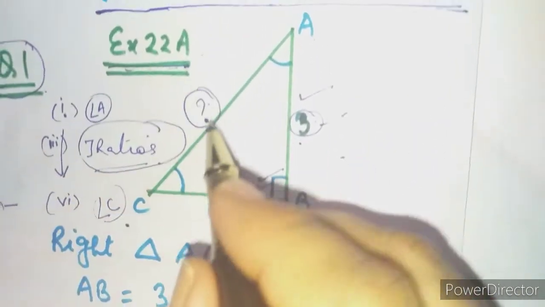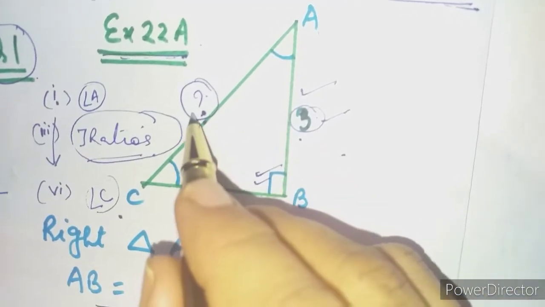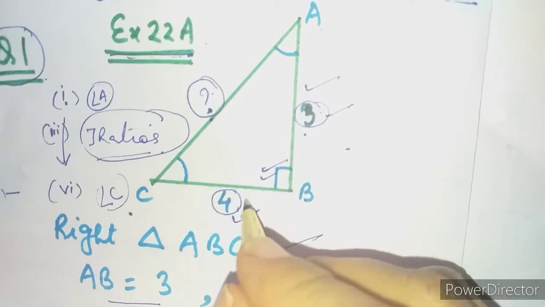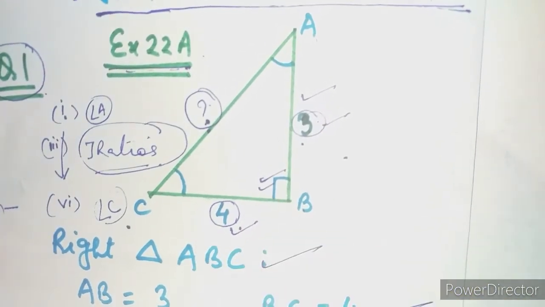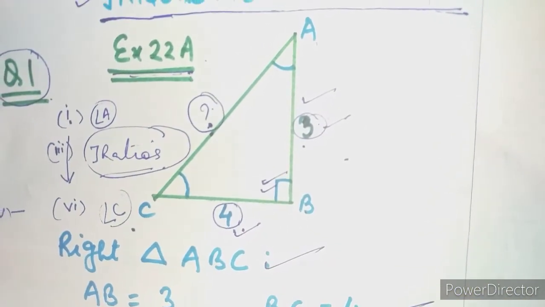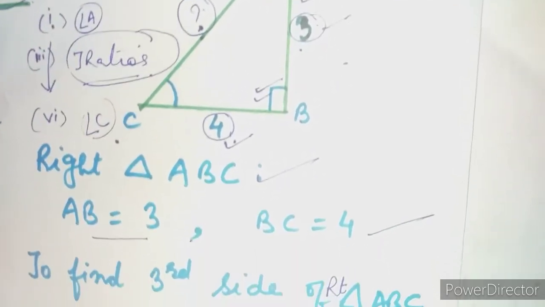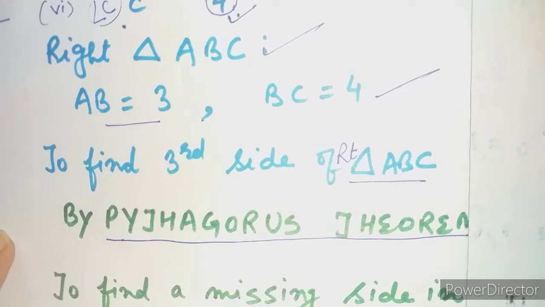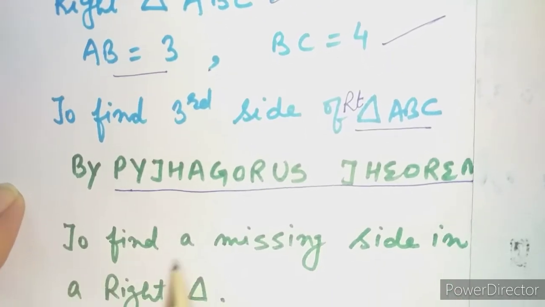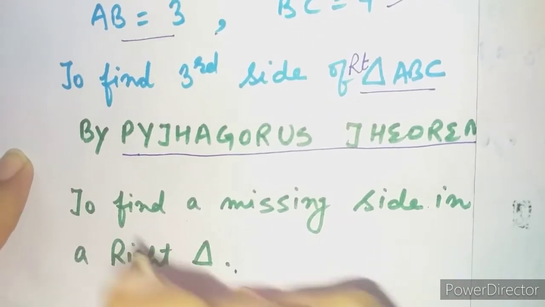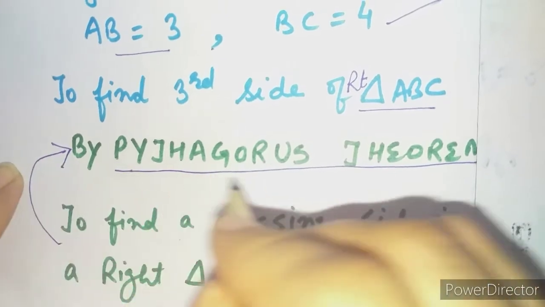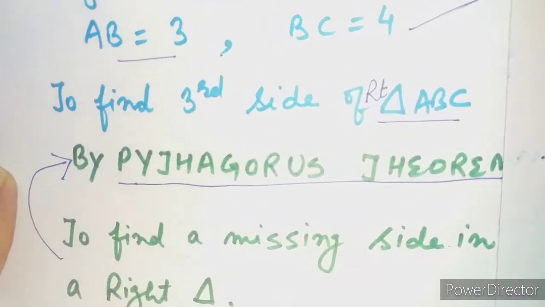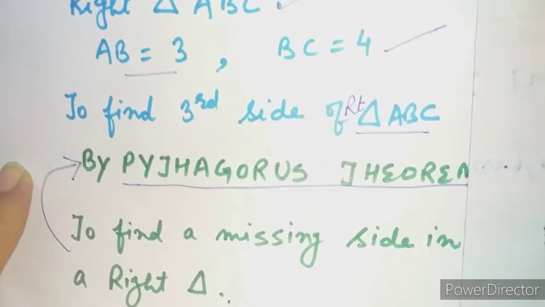In some other question, maybe the perpendicular or the base is missing, and you use only the Pythagoras theorem to find any missing side. Remember, this is the most important line. With its help, you can solve any question related to trigonometry.